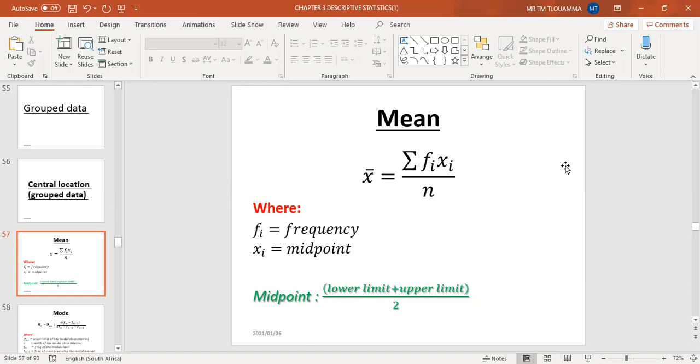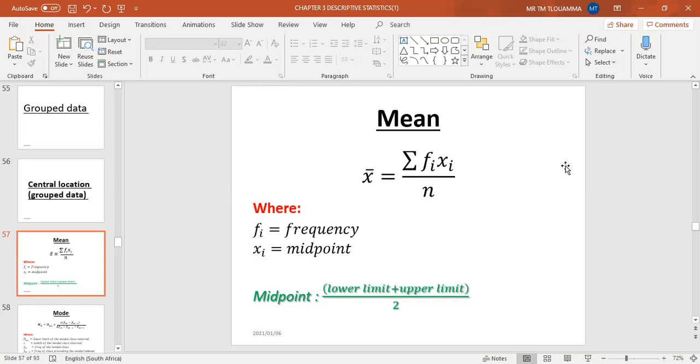For the mean, they're saying that the mean equals the summation of fi multiplied by xi, divided by n.